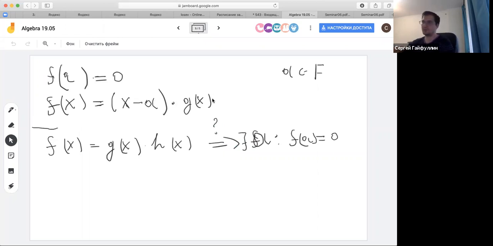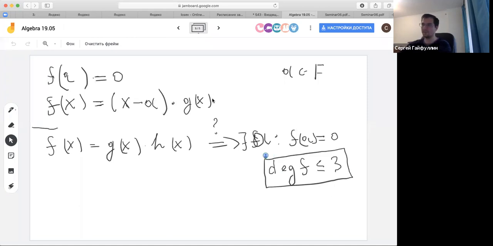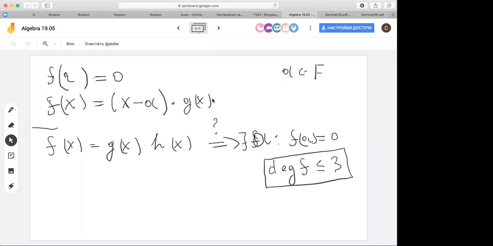And it seems that it's a rather easy task when we have that the degree of f is not bigger than 3. How can we use that? Well, we will get that g of x or h of x are of degree 1 or 2. So if one of them is of degree 1, it's obvious that it has a root.